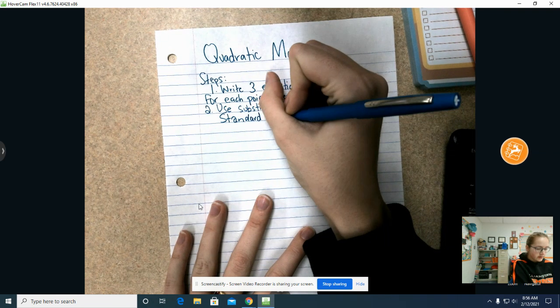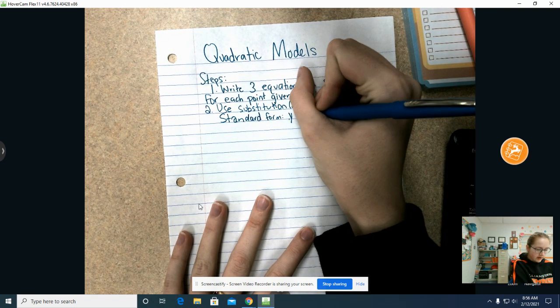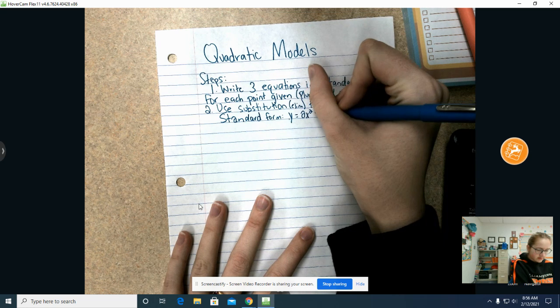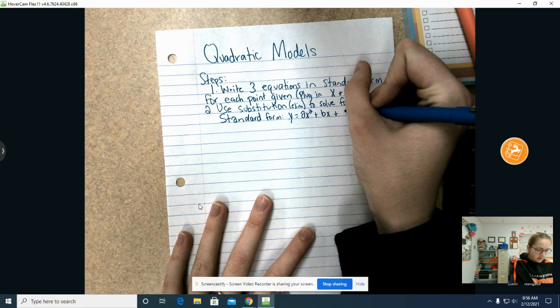Standard form is y equals ax squared plus bx plus c.